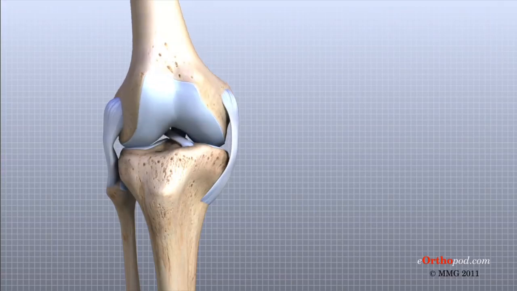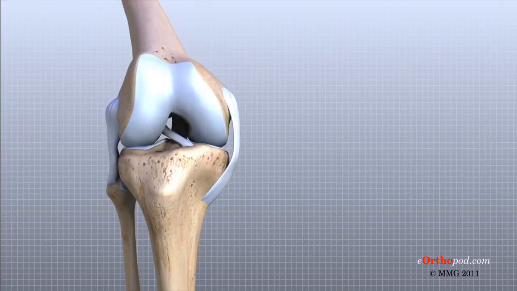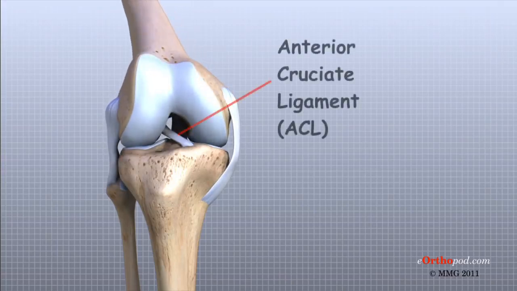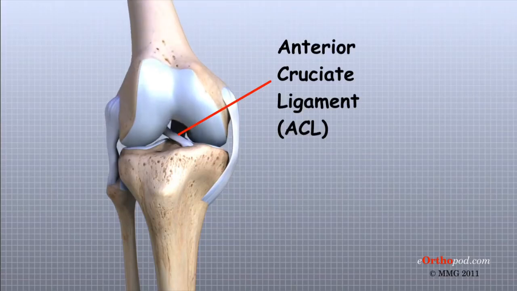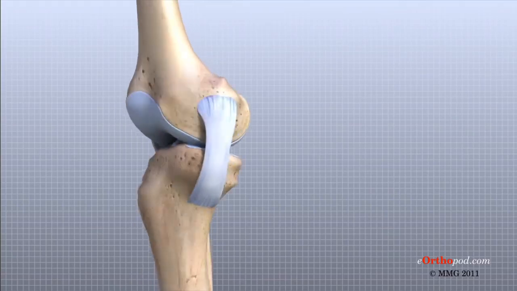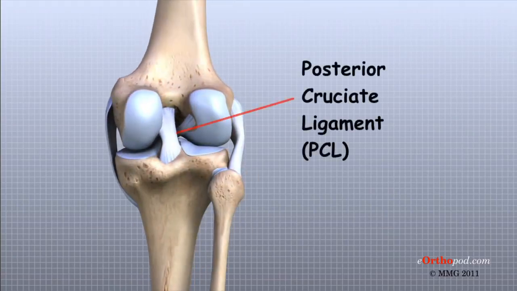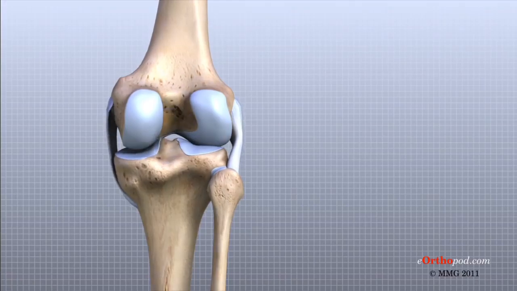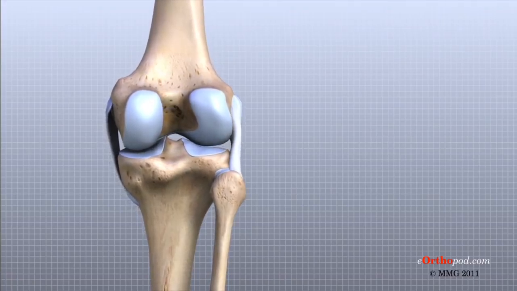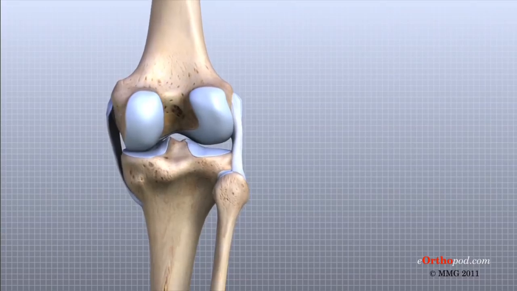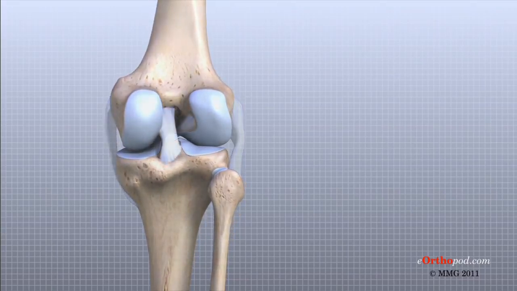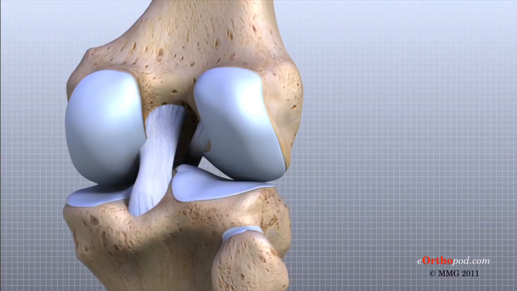Inside the knee joint, two other important ligaments stretch between the femur and the tibia: the anterior cruciate ligament, or ACL, in front, and the posterior cruciate ligament, or PCL, in the back. The MCL and the LCL prevent the knee from moving too far in the side-to-side direction. The ACL and the PCL control the front-to-back motion of the knee joint.